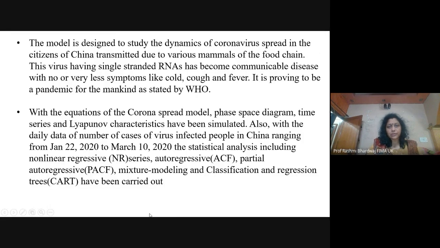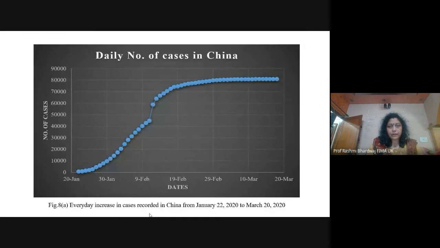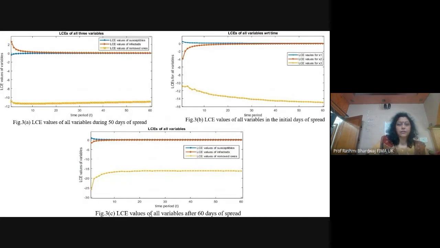Now using this, we have studied the different structures, and here we have used this for 60 days, and these are the values of susceptible, infected, and removed ones.